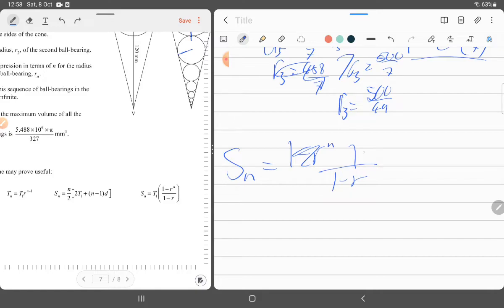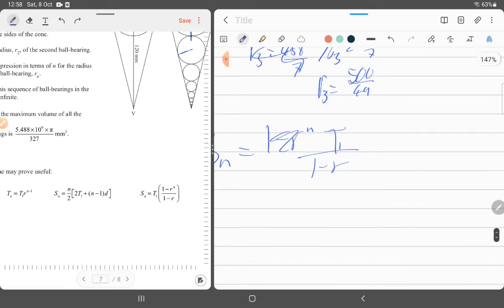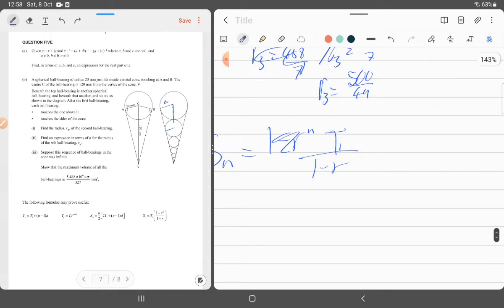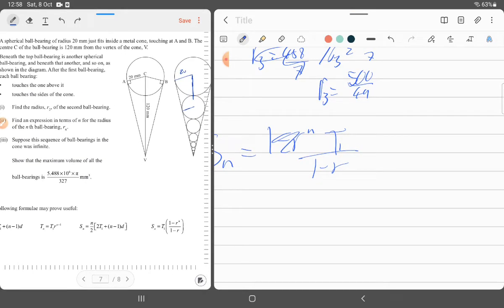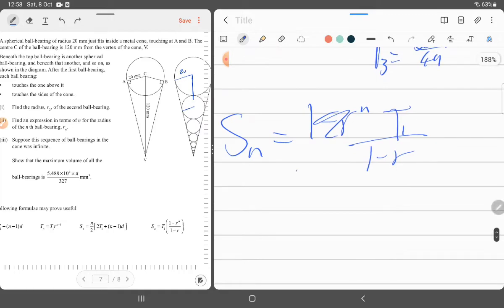I think it was just t1 because the r^n just converges to 0. So the initial volume is 4 over 3 r cubed.